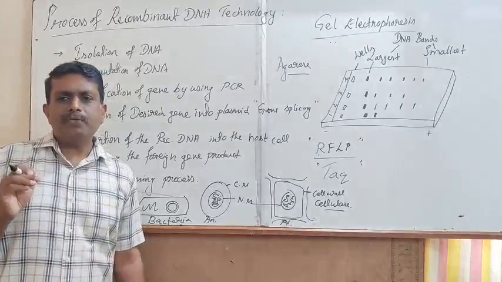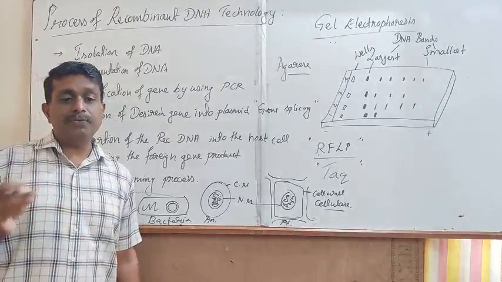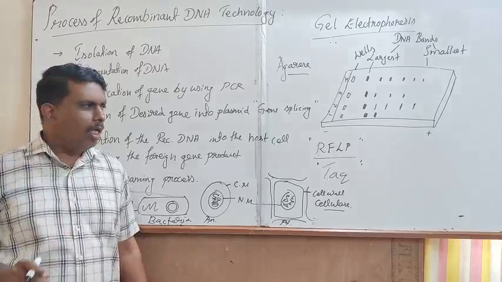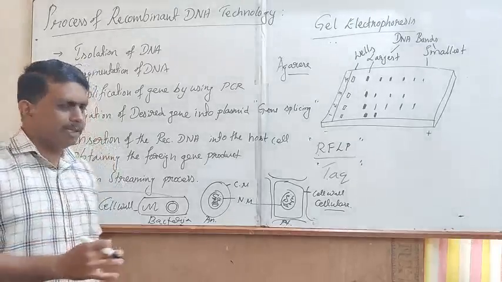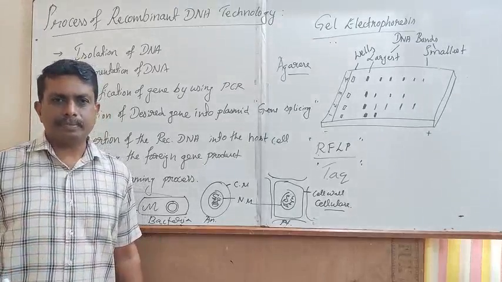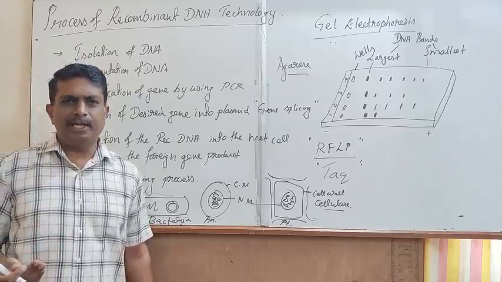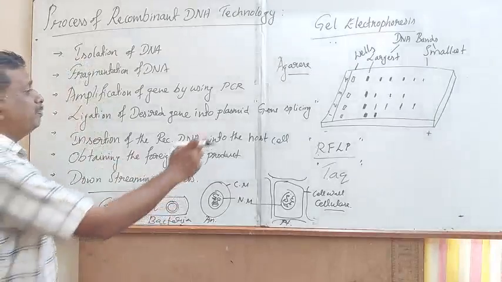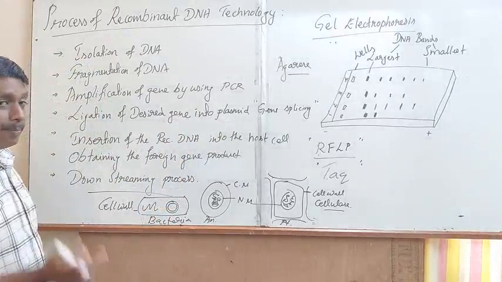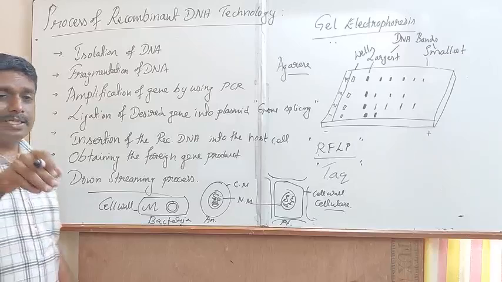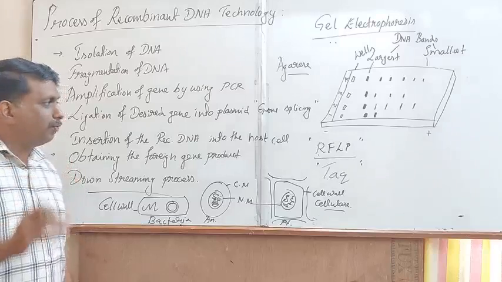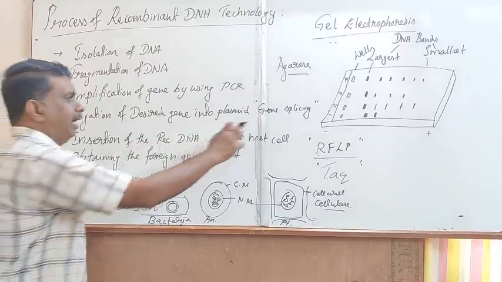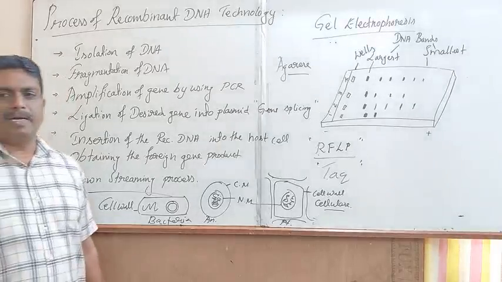The process of insertion of the desired gene into the vector to produce recombinant DNA is called gene splicing.